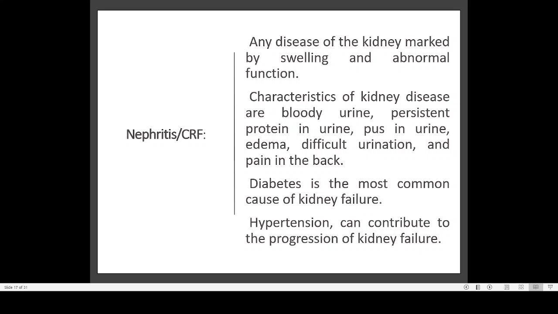There will be blood in the urine, and the amount of protein present in the urine will be increasing. Pus cells will be present in the urine, and there will be inflammation on the legs. Some people will have difficulty in urination, and there will be back pain. These are some of the common characteristics of this disease known as nephritis.